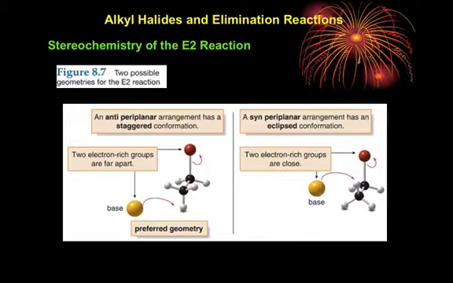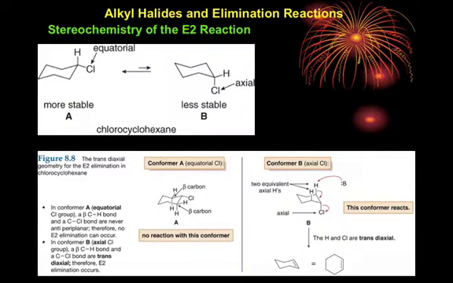So yeah, we can think of it pretty simply as just electrostatic, like charges repel each other, but that's overly simplified. Now it works, and if that's what works for you, keep it in your head, okay? But the real reason is because this electron pair, this carbon-hydrogen bond, those electrons are going to go to form the pi bond, and they've got to come in and kick that leaving group out. They've got to enter the anti-bonding orbital for that halogen-carbon bond, okay?